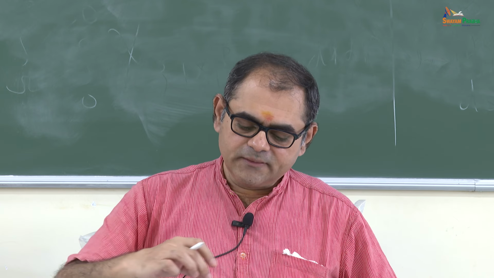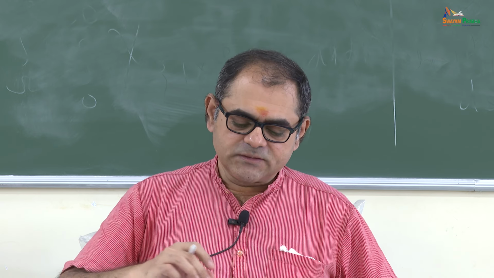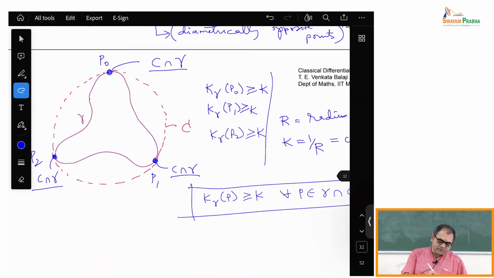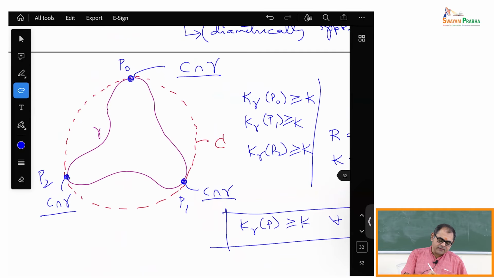Let me label these points: here I have curvature of gamma greater than or equal to K, and here also I have curvature of gamma greater than or equal to K.